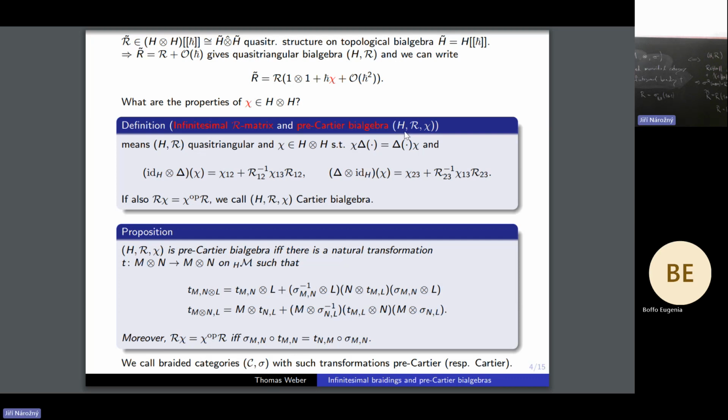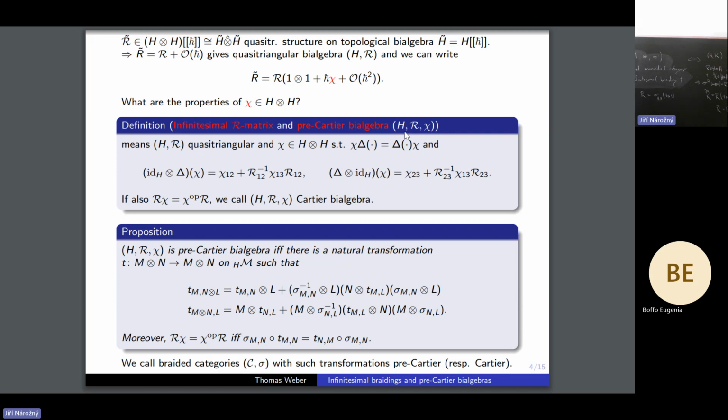And so let's spell it out. It's written here. So we call this triple (H, R, chi) a pre-Cartier bialgebra if (H, R) is quasi-triangular and chi is an element of H tensor H. First of all, it has this commutativity with the coproduct, so I can move it to the other side. And then those two extra axioms here that look like some kind of braided version of a primitive element.